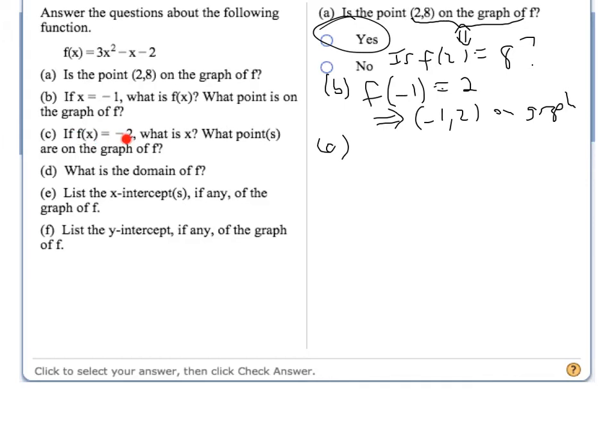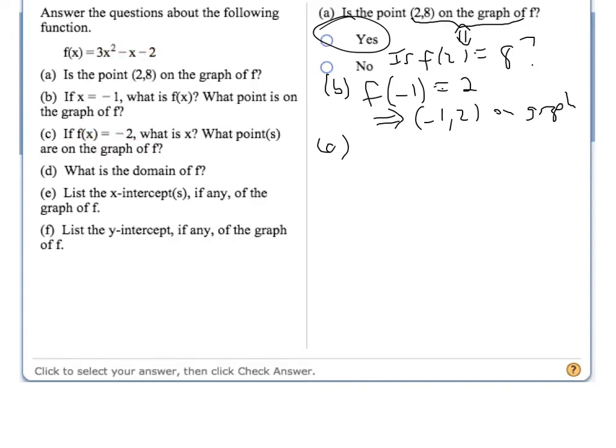If f of x is -2, what's x? So now this is saying if the y-coordinate is -2, what's the x-coordinate? We did answer some questions like this graphically, but not with an algebra formula. Remember that this represents the y-coordinate, but also f of x really is just this. There is a formula for f of x. So I can just replace f of x with this stuff and rewrite this problem.